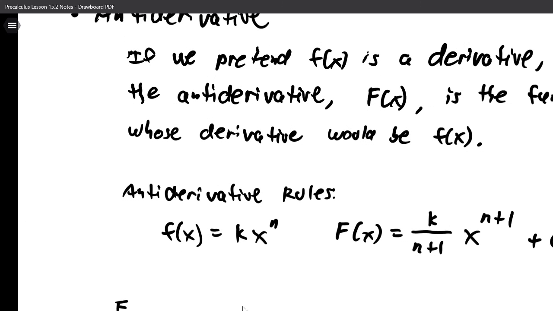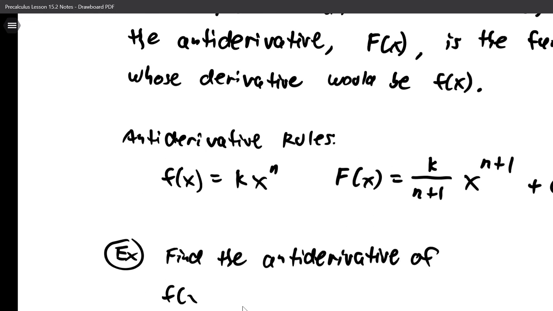Because, here, we'll do one. Let's say find the antiderivative of, and let's say we're finding f of x equals 7x cubed minus 6x squared plus 3x minus 5.